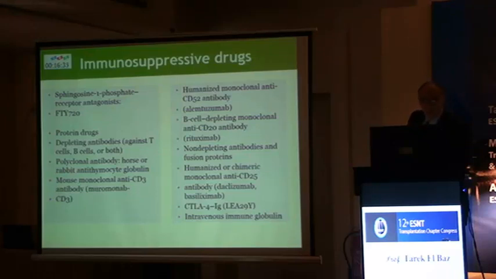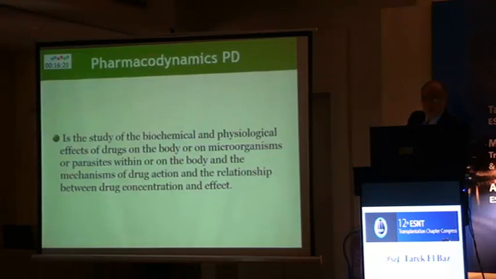So when I address pharmacodynamics, I'm going to take an example of the CNIs, which prevent the proliferation of the T cells, and this would cover most of these immunosuppressive medications.